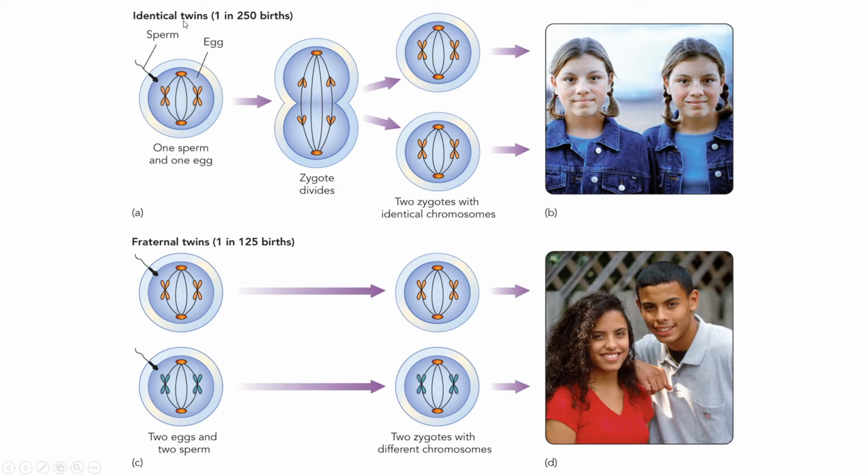We have identical twins, also called monozygotic twins, and they come from a single fertilized egg, which means they both share 100% of their genetics. So any differences between identical twins should be due only to environmental effects, because their genes are the same.